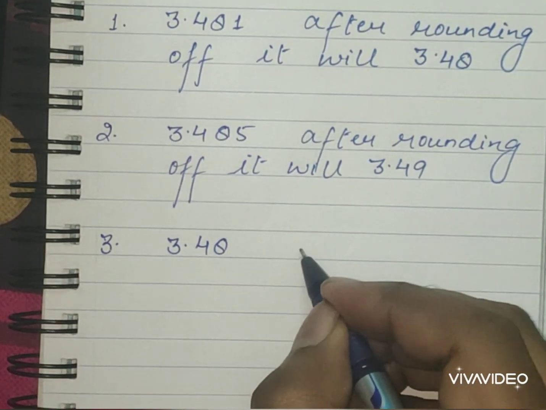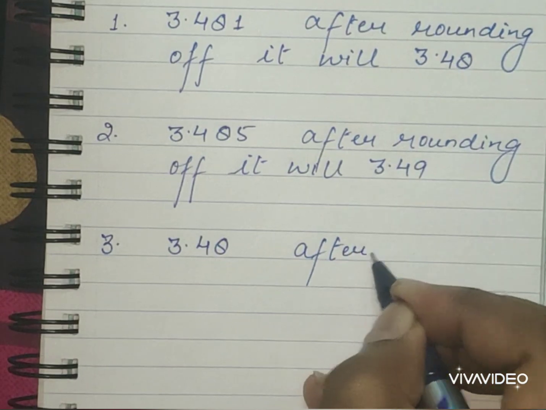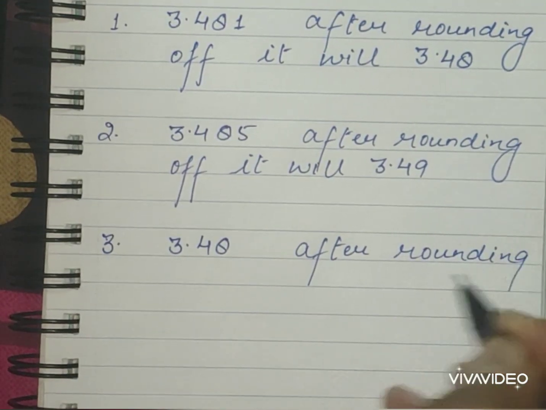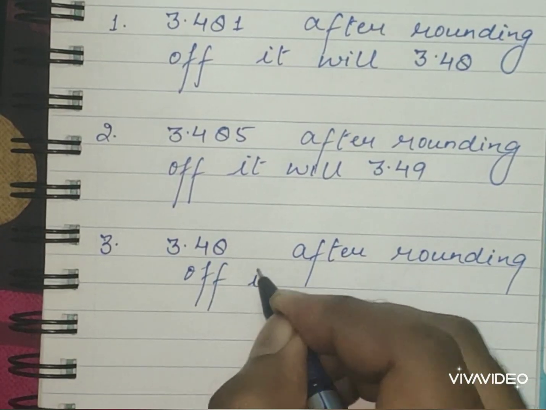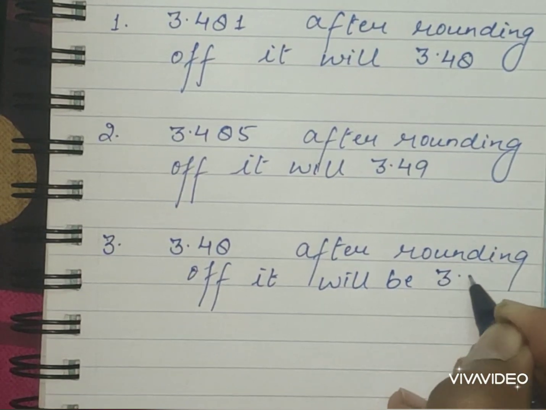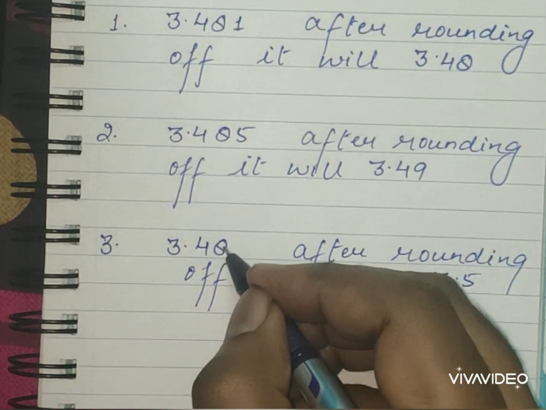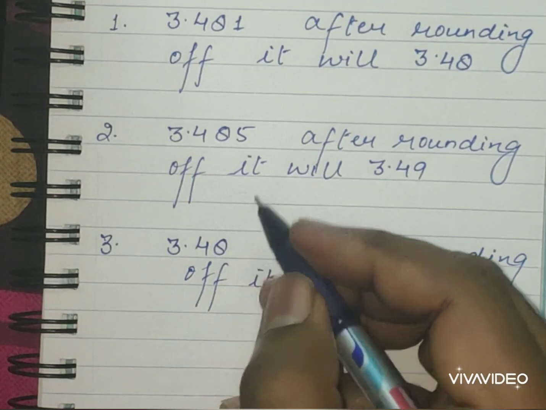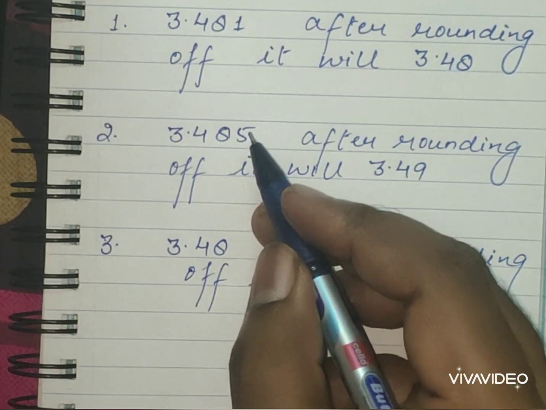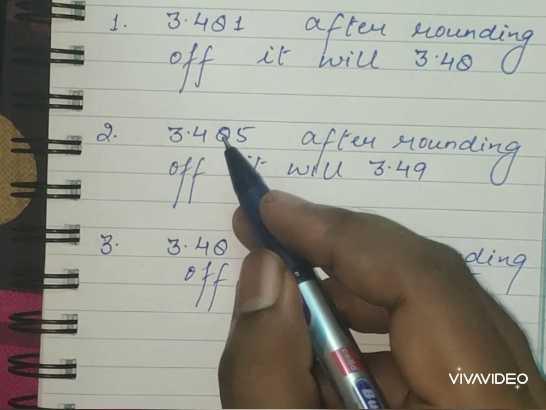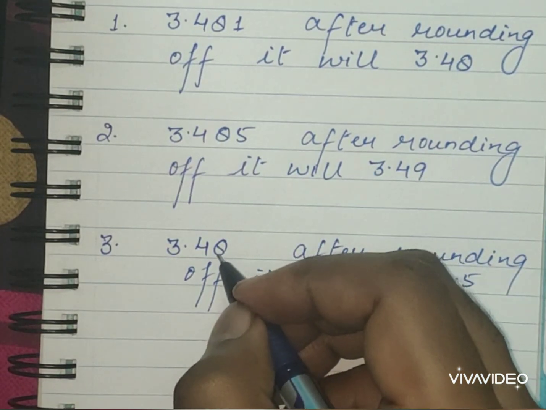Okay, so after rounding off, it will be 3.5, because here you can see 8 is greater than 5, so if we need to round off, it means that we have to increase a number by 1 digit, at as many places as we require.